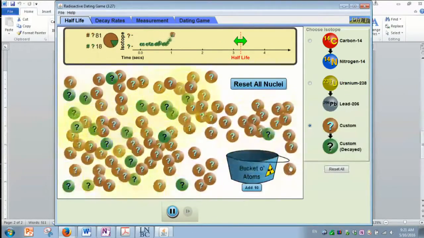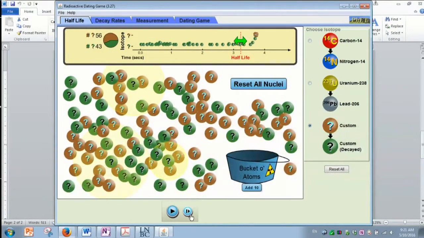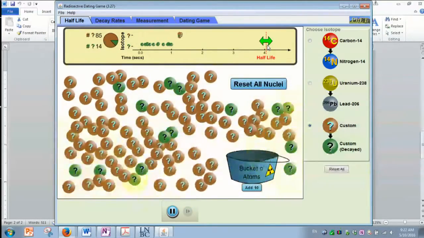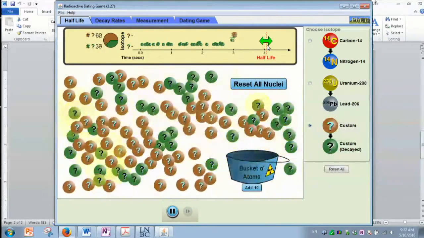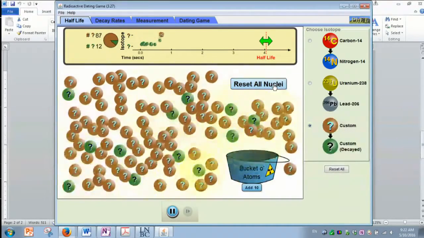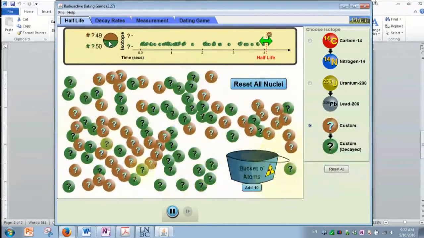So I can just reset it and see if it works a few times. I'll pause it a little bit right there and then take a couple steps. And then now it's over here. That was pretty close again. So I'm just keeping an eye on the pie chart when I have 50%.